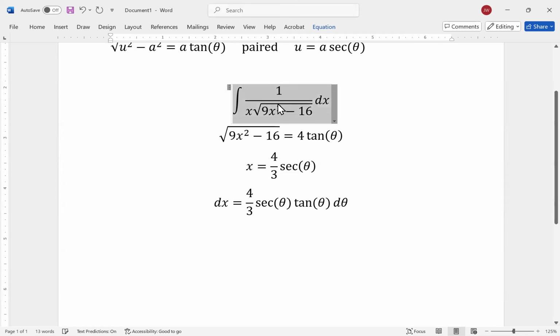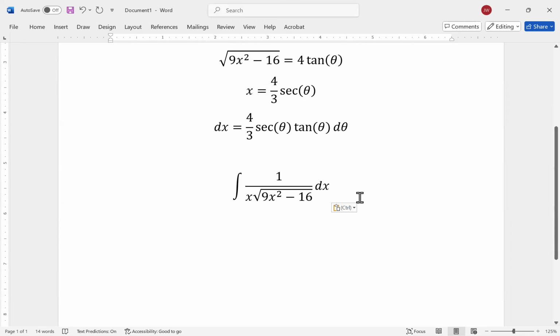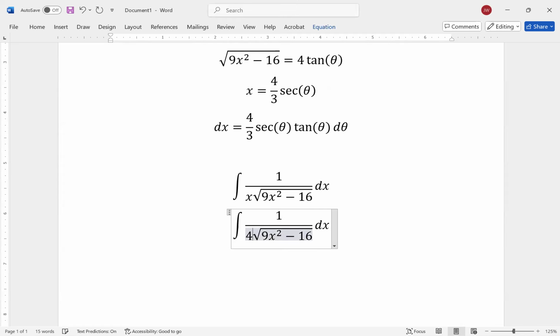So I take my integration and I start doing some substitution. The x is 4/3 times secant of theta. This square root becomes 4 times tangent of theta.